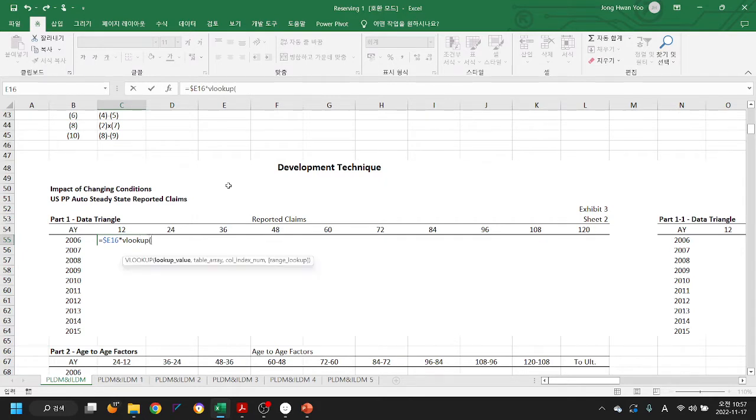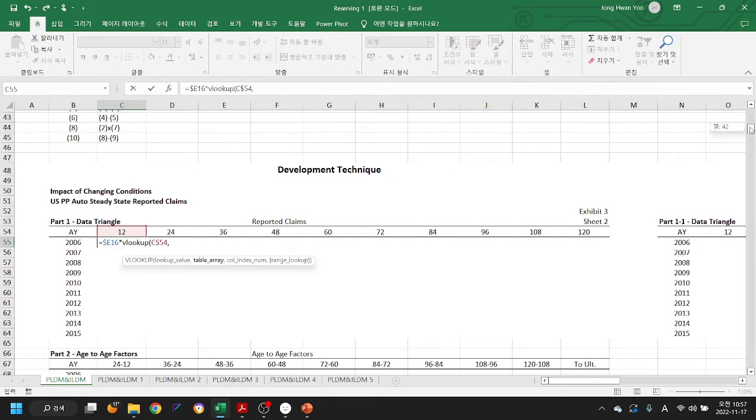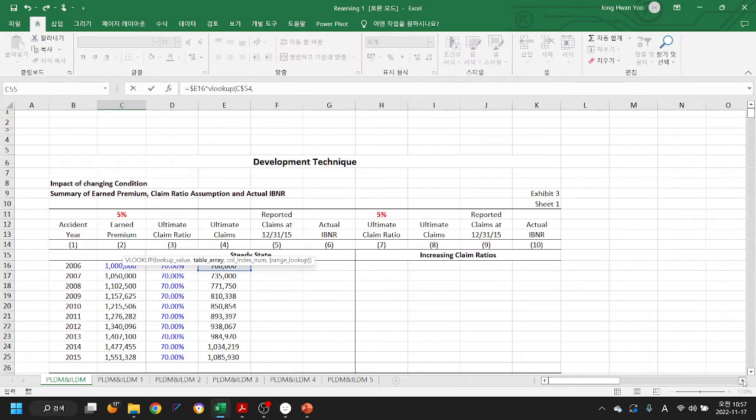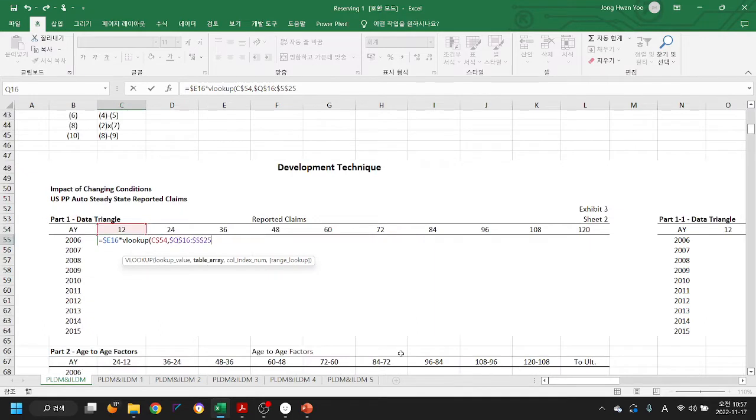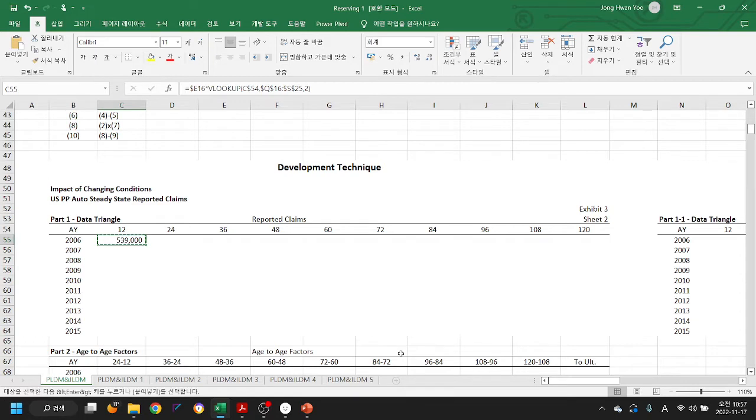I can find the development years and search from here. So this is the first year development reported loss.